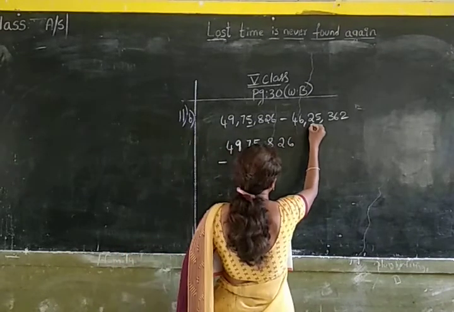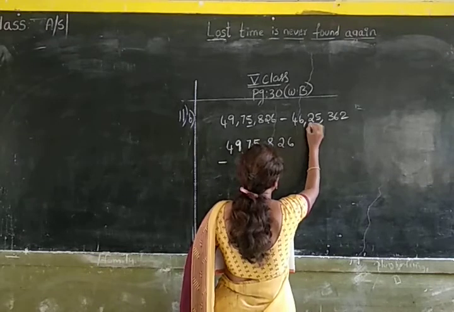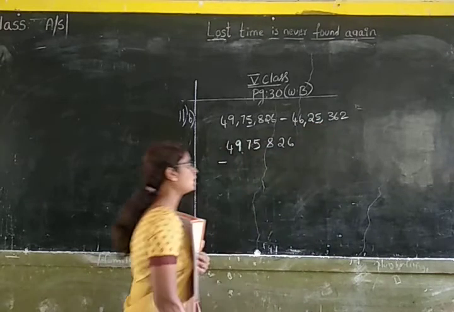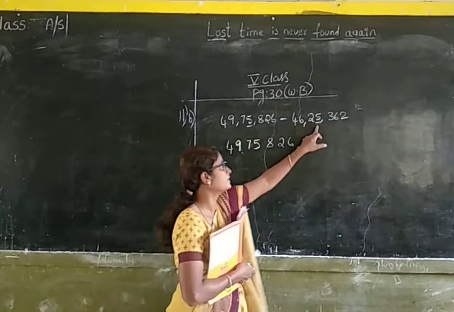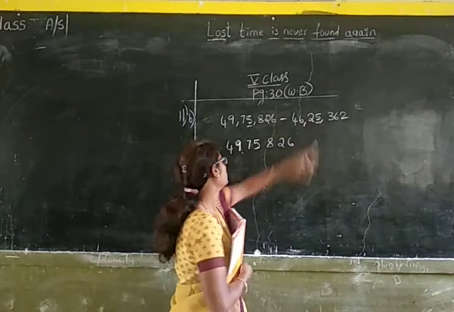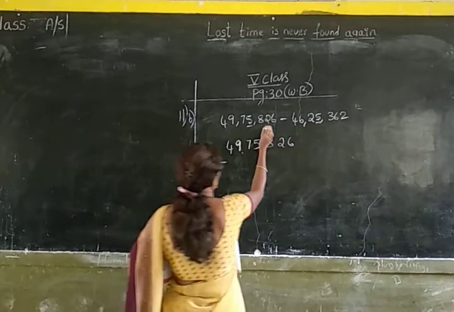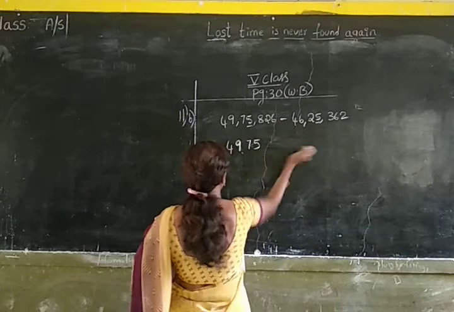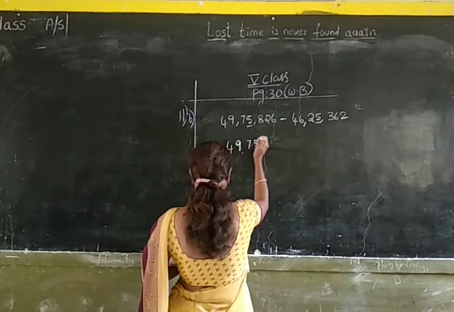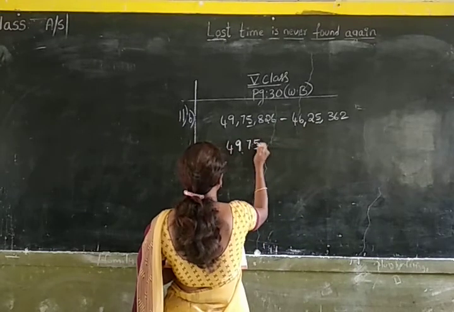Let us underline the digit in the thousands place. Here the digit at the thousands place is 5. The remaining numbers will become zeros.